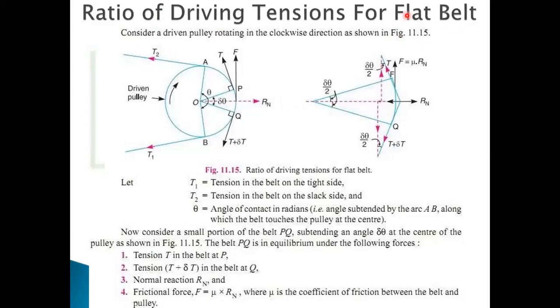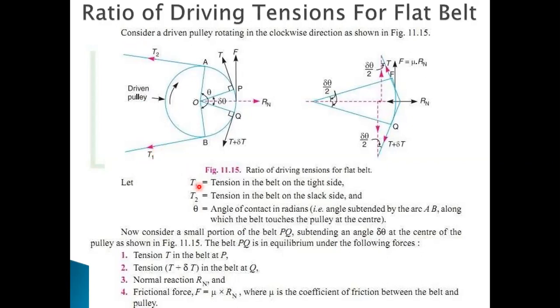Suppose here is a pulley, a driven pulley, which is wound by the belt, where two sides are given. One is T1, the bottom side of the belt, which is the tight side.